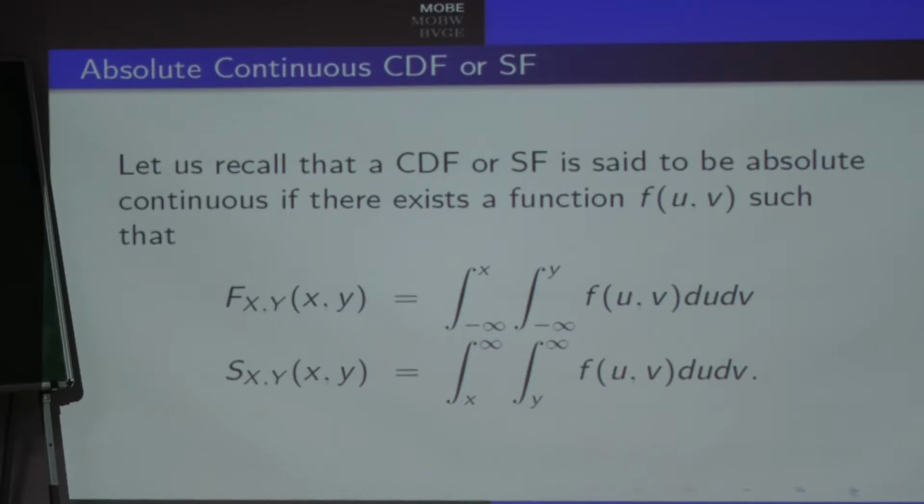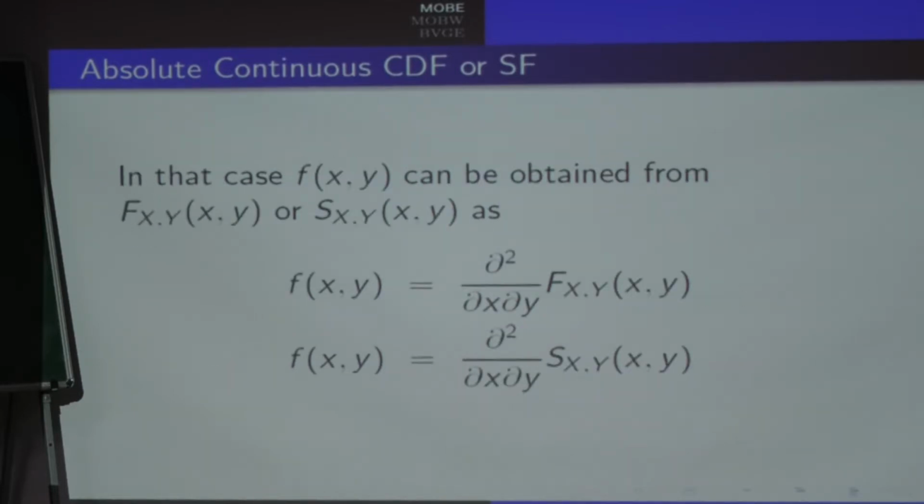Now let's try to recover that. That means if I have this capital F of xy, how can I get this small f of uv? Or if I have this capital S of xy, how can I get this small f of uv? That's simple. Simply take the double derivative of this one and you will get this one. In one dimension, you take a single derivative, and in the survival case there is a negative sign.